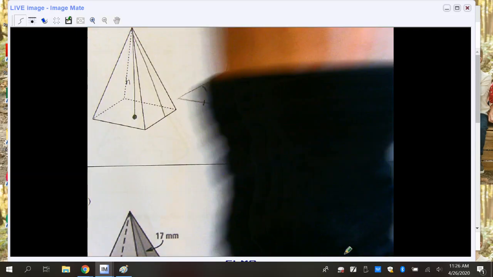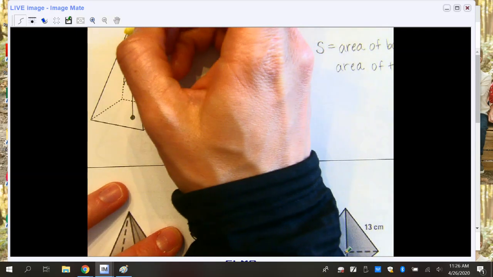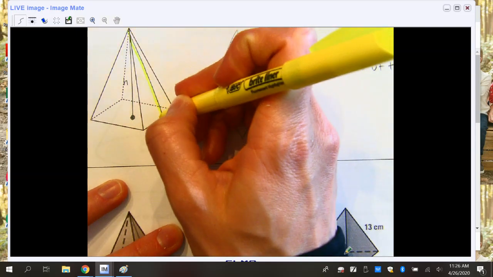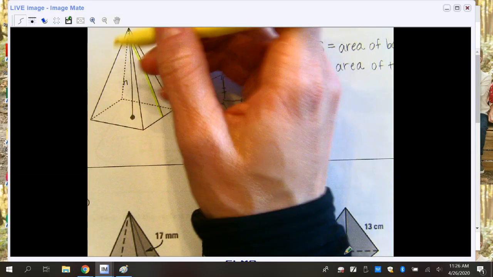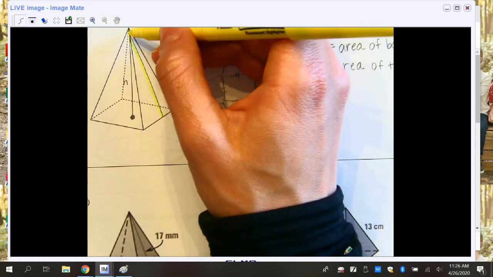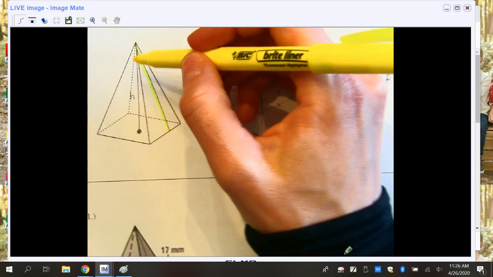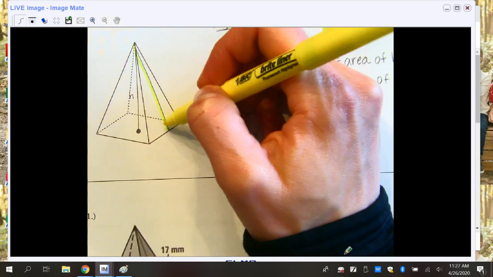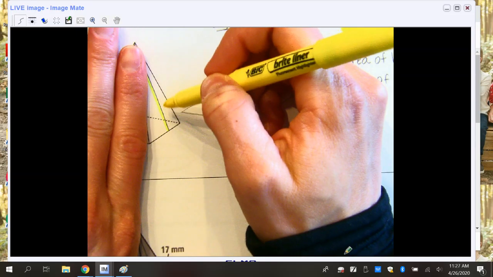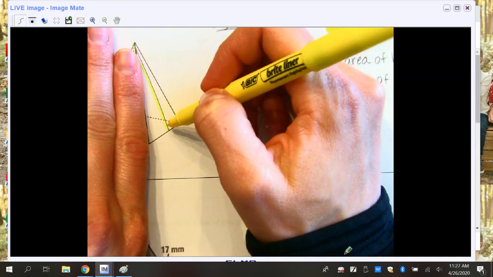And then you've got this right here. So the slant height is a little bit different. It's not like the sides of your pyramid like it is with a cone. The slant height of a pyramid is the height of one of the triangles.